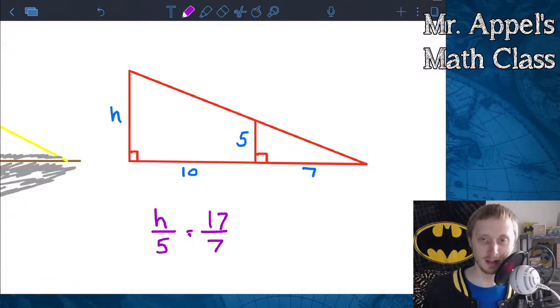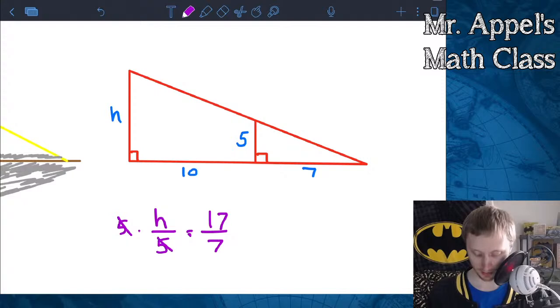So there is our proportion setup. All we need to do is solve for h. Multiply both sides by 5. H is equal to 17 divided by 7 times 5. Or if you like, 17 times 5, then divide by 7. That order doesn't make a difference.